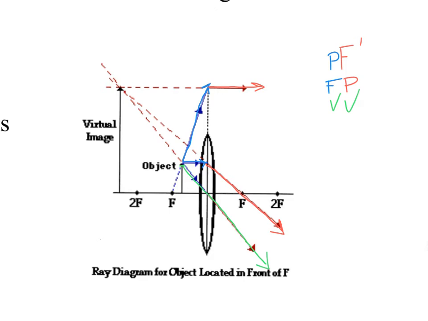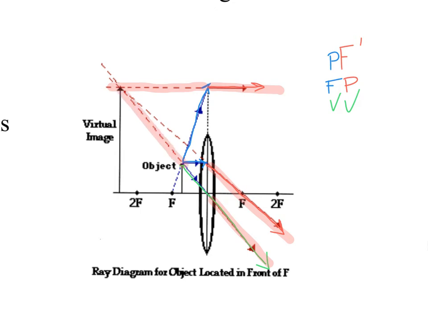Now you may notice that our refracted rays, so these are refracted rays, remember, not reflected, these do not intersect. They never meet. Same as with mirrors, when the refracted rays do not meet, you have to draw the extension of the refracted rays.